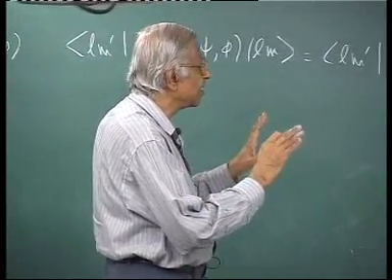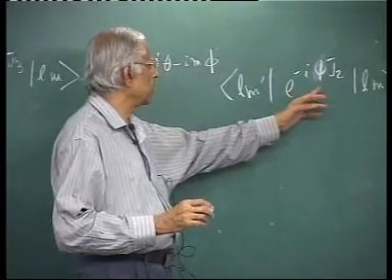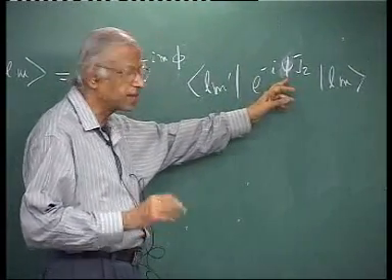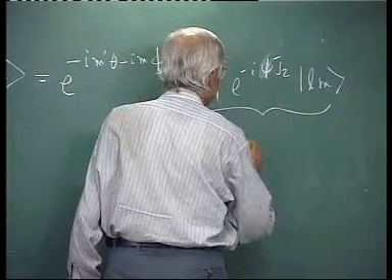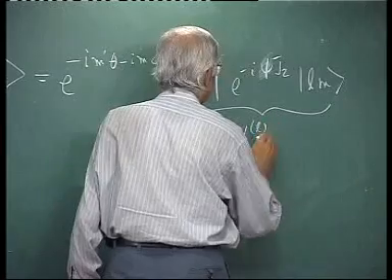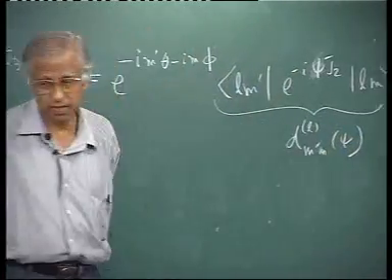The only non-trivial part of the D matrices is a function dependent on one of the three Euler angles, namely psi. And this is called the little d function.